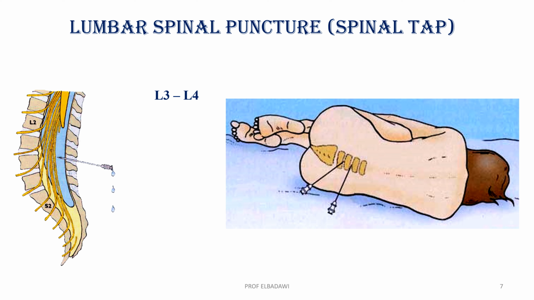You are going to approach the subarachnoid space either between the third and fourth lumbar or between the fourth and fifth lumbar. This shows the positions, mainly the lower one between 4 and 5. And this terminal cistern here, as you can see, is the one which your needle can reach easily without injuring the spinal cord, or even the nerves, it can pass between the nerves, and then you can do your lumbar puncture.